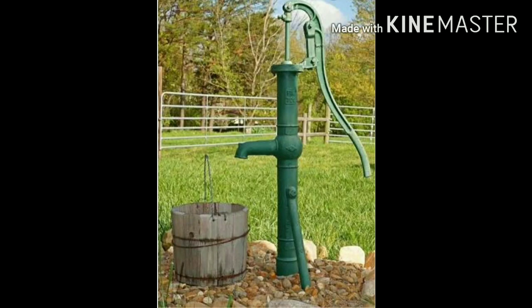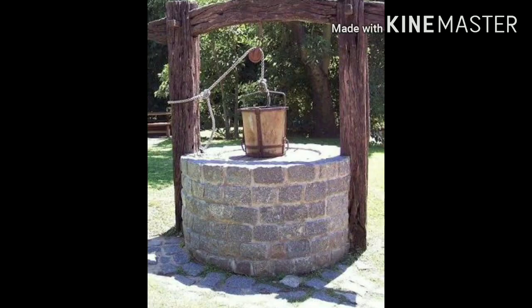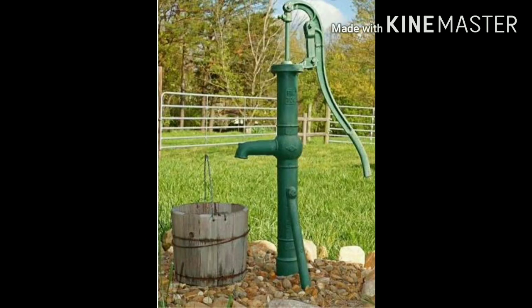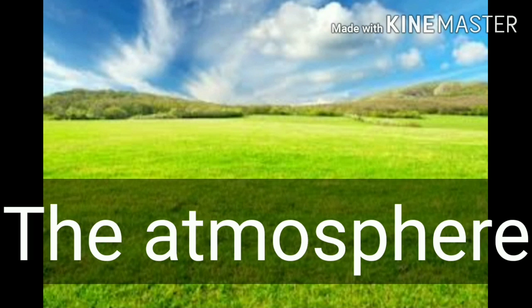Many lakes and wells get water from underground springs. The water or ice that occupies the Earth's surface, groundwater, and the water vapor in the atmosphere together form the Earth's hydrosphere.